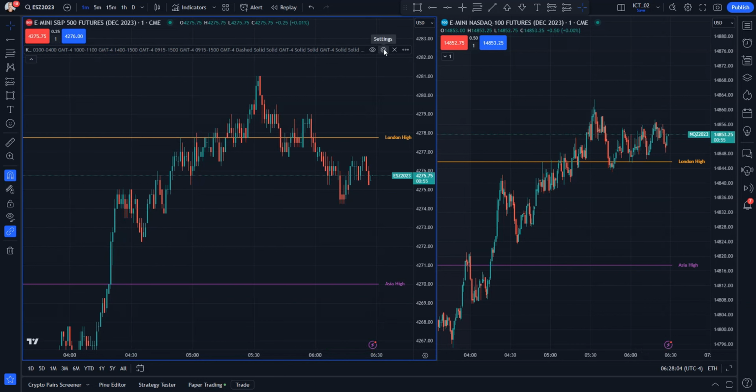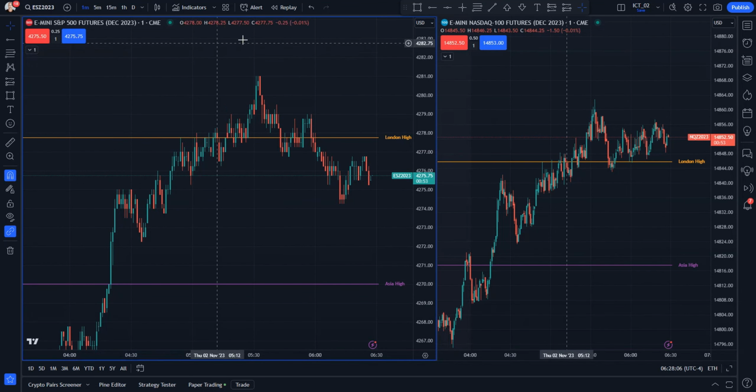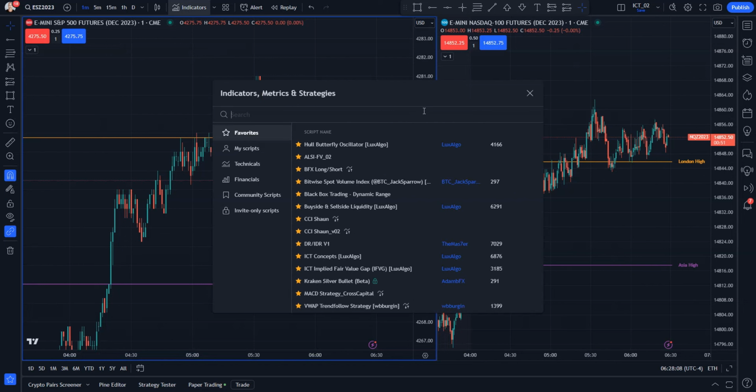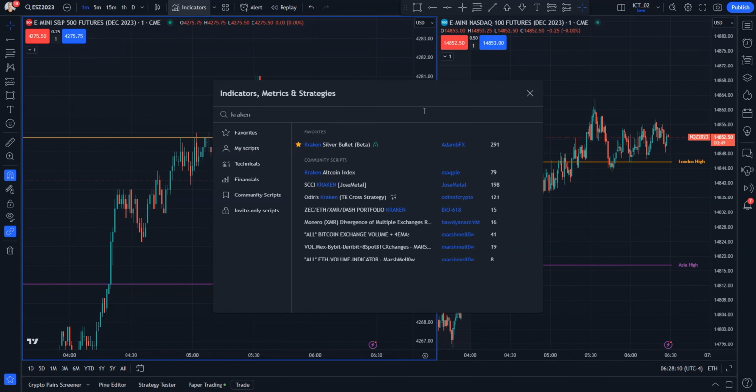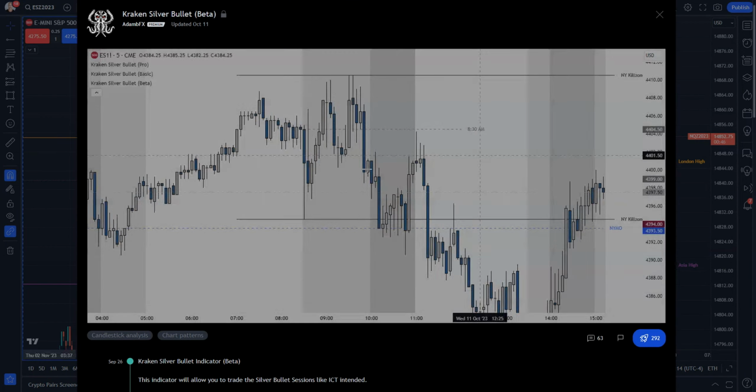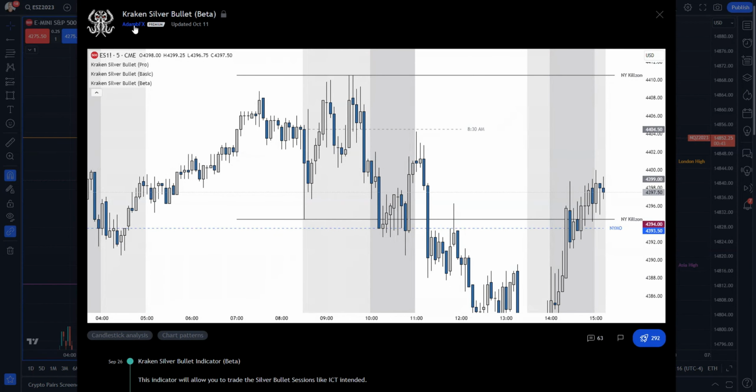This indicator, let's show you. Go to indicators, search Kraken Silver Bullet. If you can't find it, go and follow Adam B FX. This is the Kraken Silver Bullet beta version of this, and you can see this is how his chart is looking.